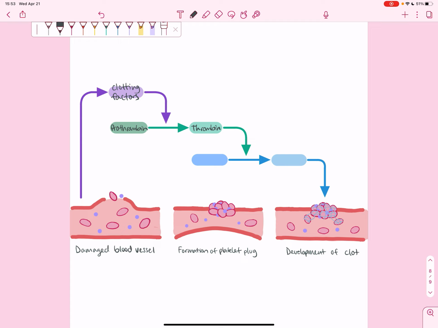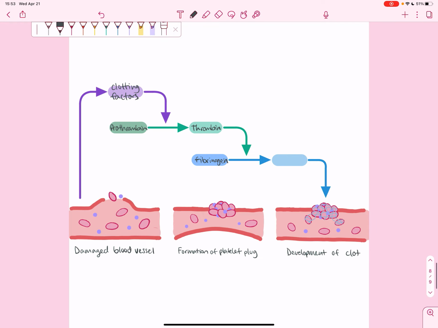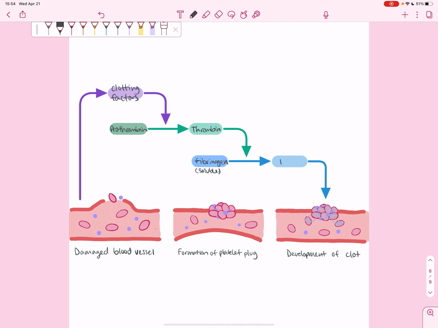So fibrinogen, which is soluble, then fibrinogen turns into fibrin, which is insoluble.